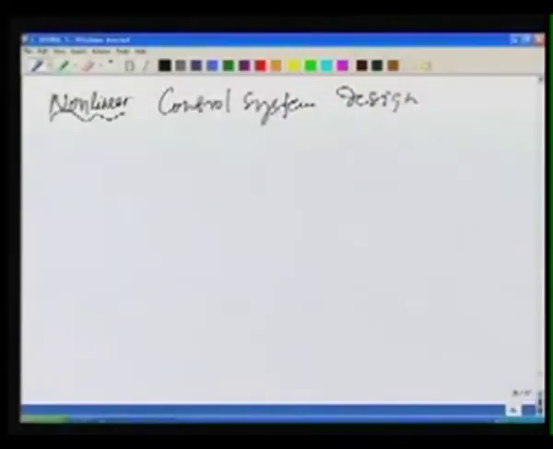Most important is that in control system design, of course nonlinear, when we say intelligent control it will always apply to nonlinear systems. So first is stability, and then trajectory tracking.